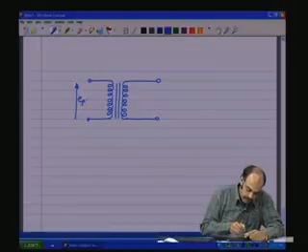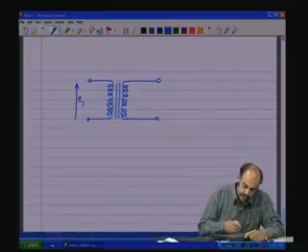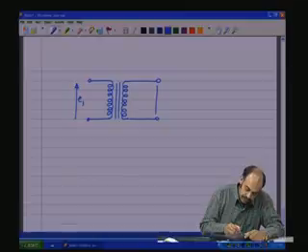We will keep it as E1, consistent with the other. There is a primary voltage E1 and there is a secondary voltage E2.